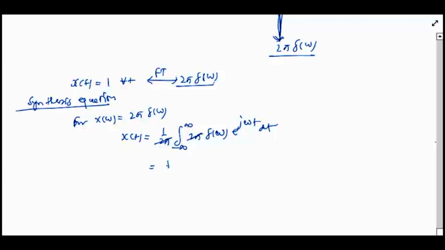Okay, so we can follow similar logic to get a dual result as follows. The dual to the above pair is: if x(t) is the Dirac delta function, then its Fourier transform is 1 for all omega, a constant function.